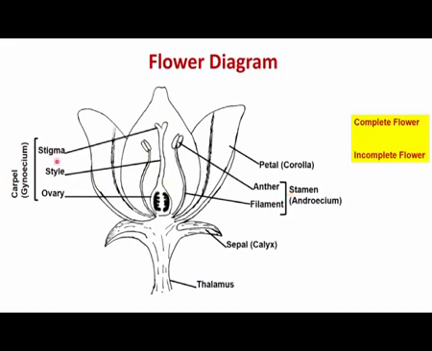Similarly, they have the gynoecium. The gynoecium is the innermost whorl of the flower appendages, known as the carpels. So, carpel is actually the female sex organ. It contains 3 parts: stigma, style, and the inner part, the ovary.